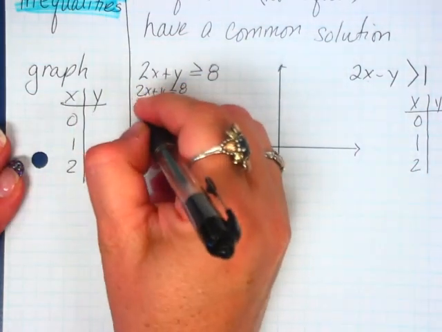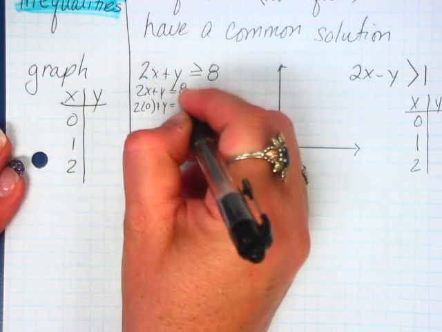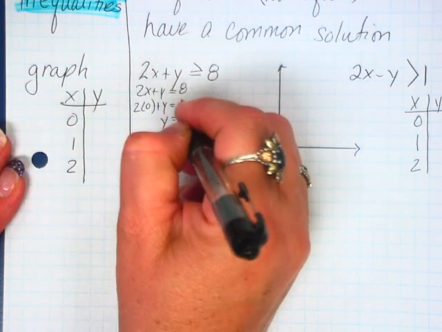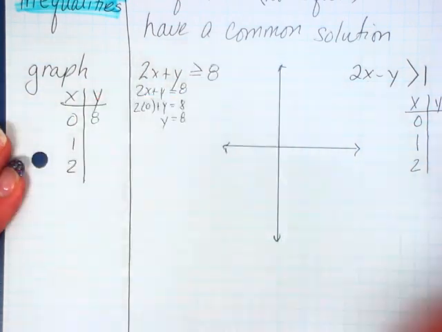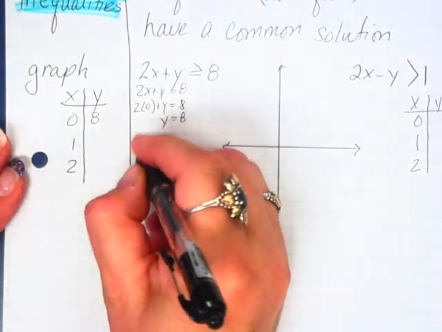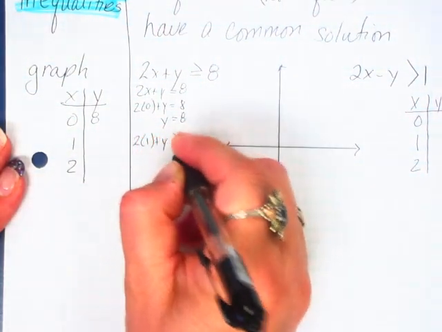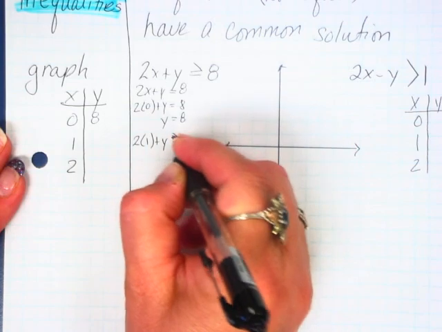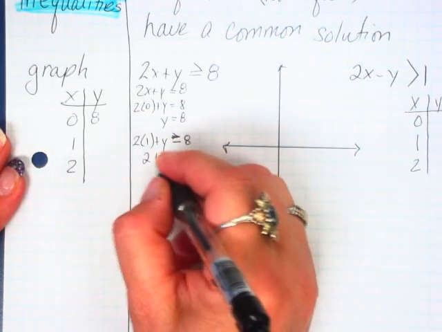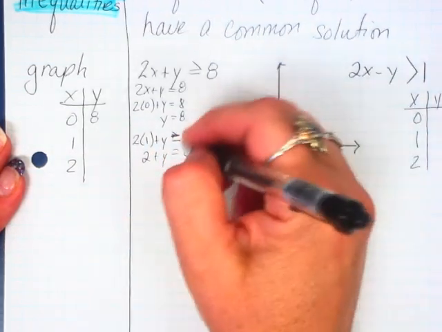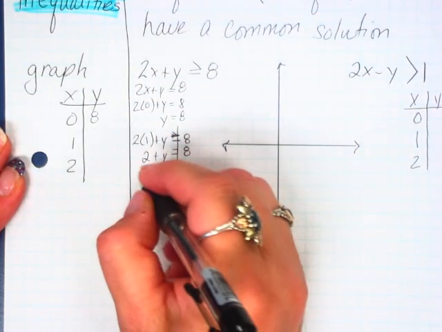I'm going to see what happens when I make x equal to 0, and I get y equals 8. Then I'm going to plug in 2 times 1 plus y is equal to 8. So I get 2 plus y equals 8. Opposite operations.